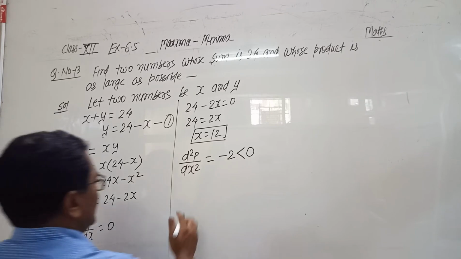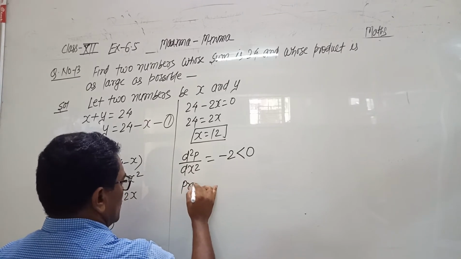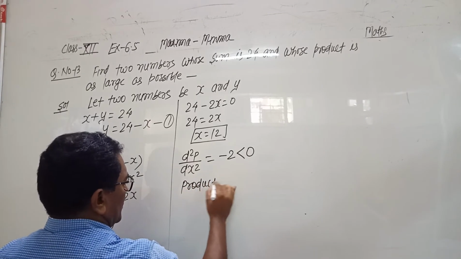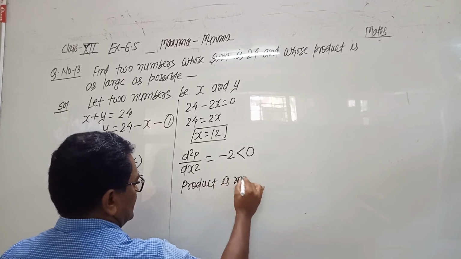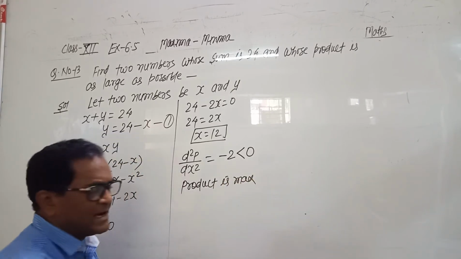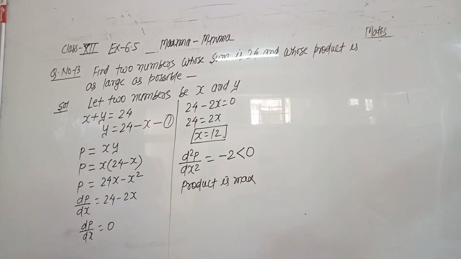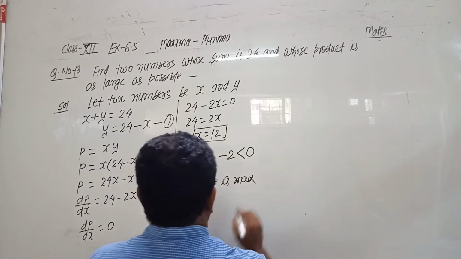So the product is maximum. If the double derivative is less than 0, the product is maximum, and if the double derivative is greater than 0, it is minimum.